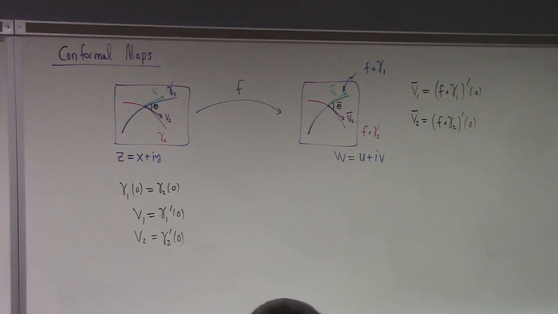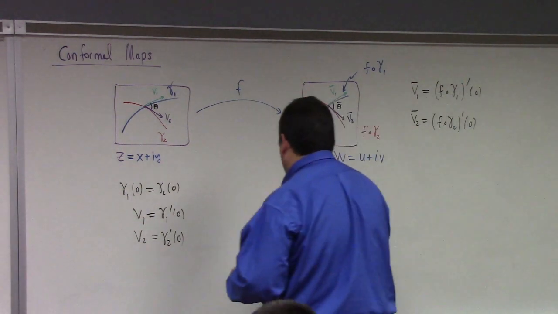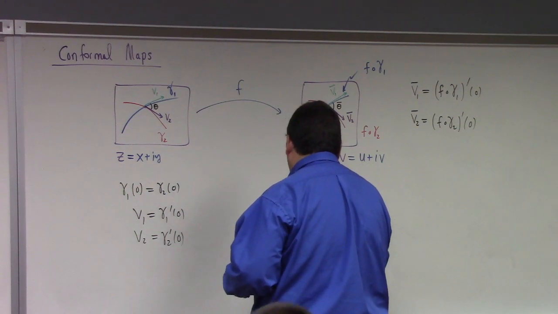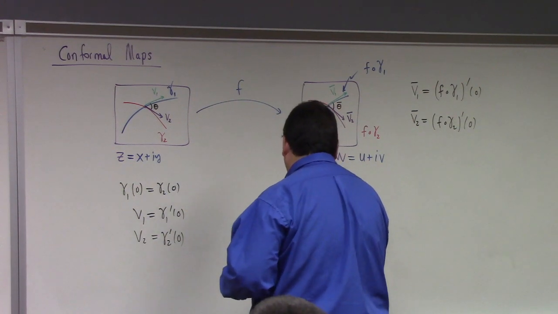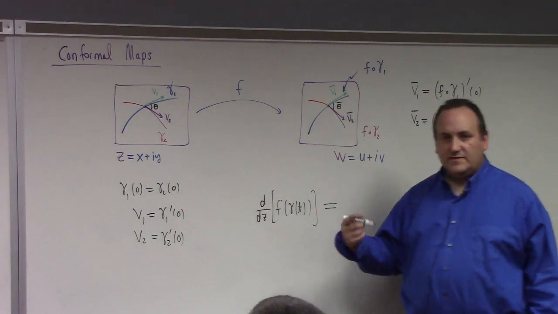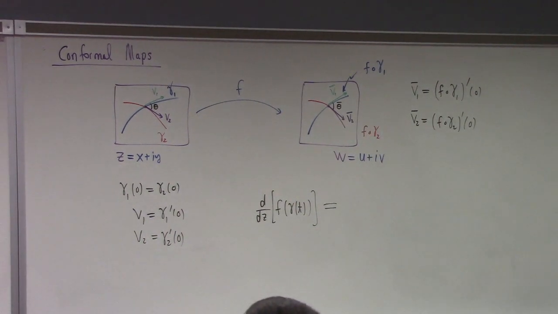Now at the end of the last chapter, I derived a chain rule for a complex function evaluated at a path. What was the chain rule? Do you guys remember? So how does it work? If we take d dz of f of gamma of t, how's that work out? Here I'm assuming that f is a complex differentiable map and that gamma is a smooth function of time.